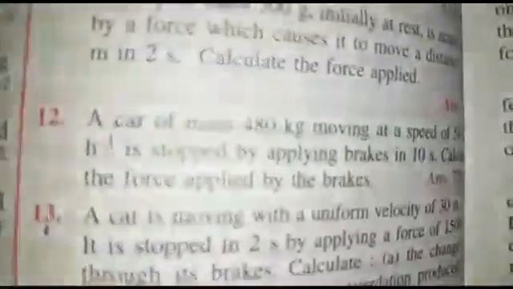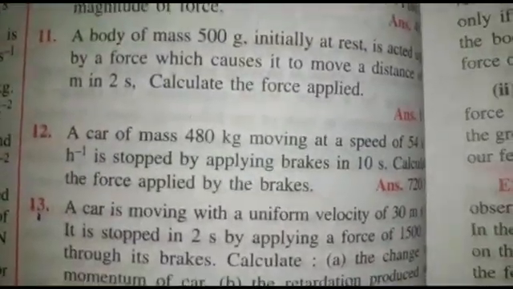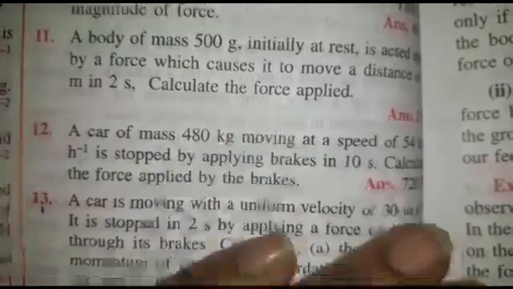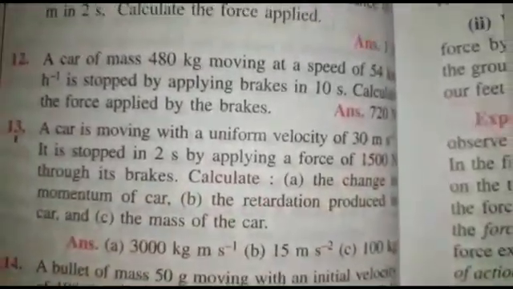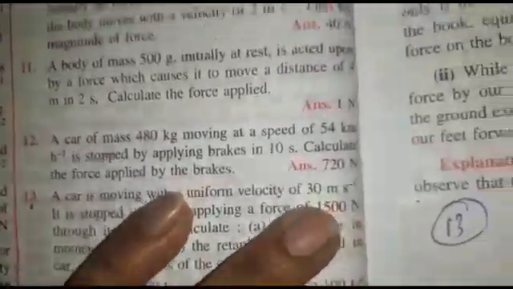Now children, coming to the 13 numerical. This is your 13 numerical. A car is moving with a uniform velocity of 30 meter per second. So uniform velocity, moving, that is u. u is 30 meter per second.